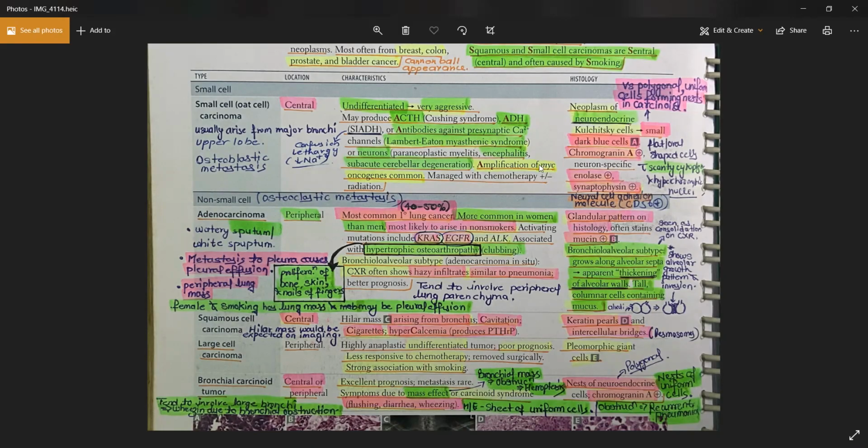Remember the CMYC, NMYC, and one more MYC was there. If anyone remembers. The one in Hodgkin lymphoma. Let me check it.